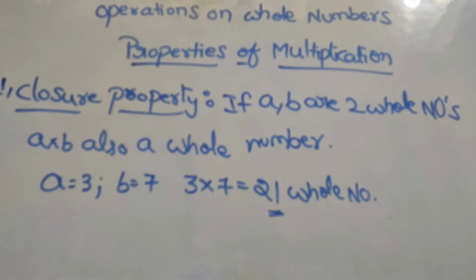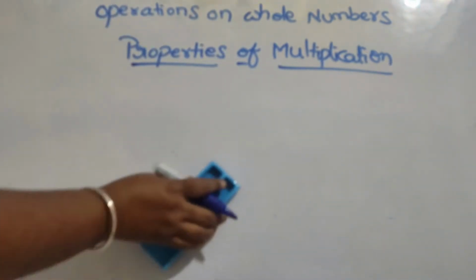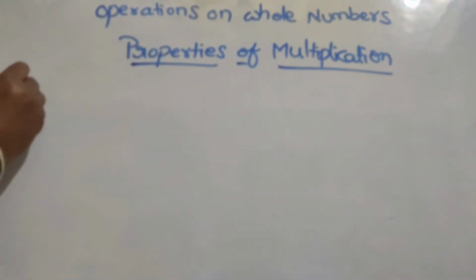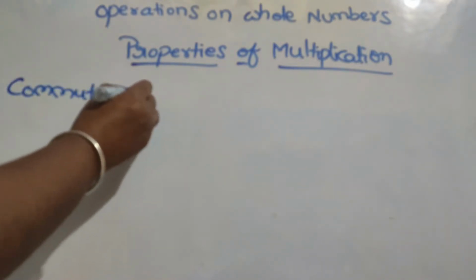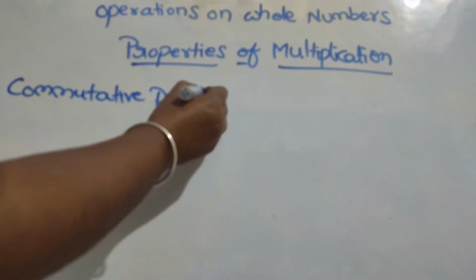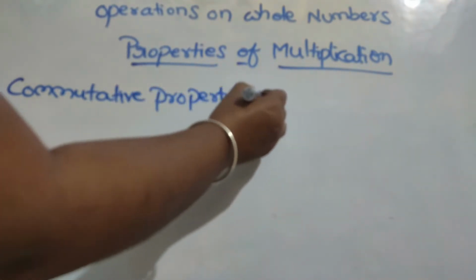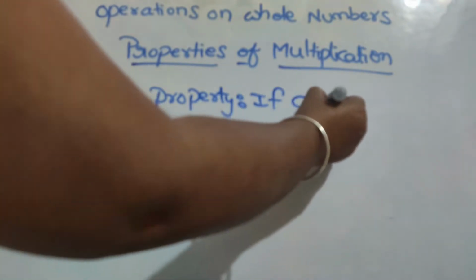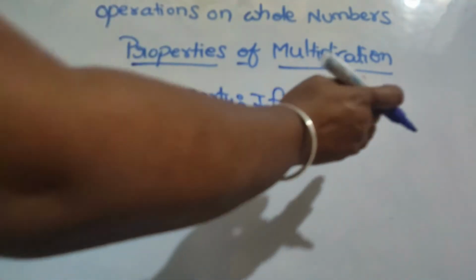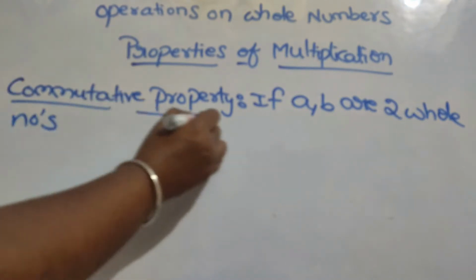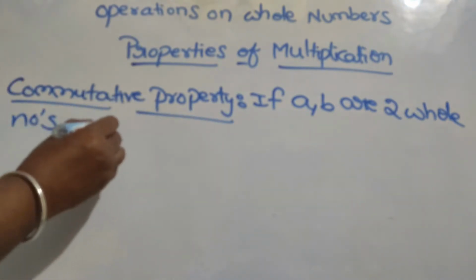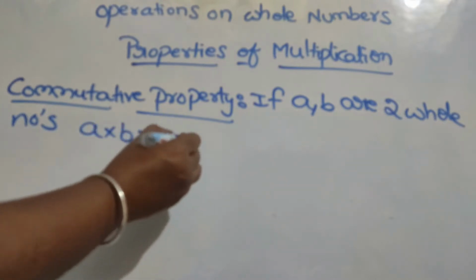Now the second property in multiplication, same as addition, is the commutative property. If a, b are two whole numbers, a into b is equal to b into a.